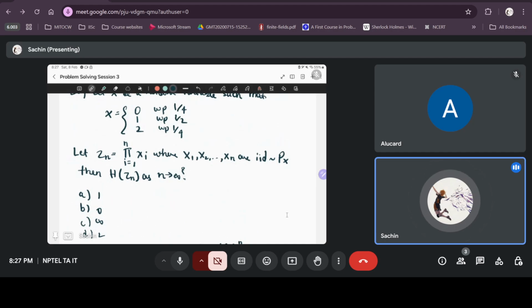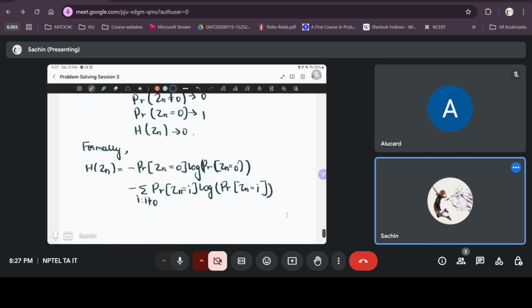For each particular value that an xi takes, for all i equals 1 to n, maybe I should write this as some other variable k, so you're not confused.